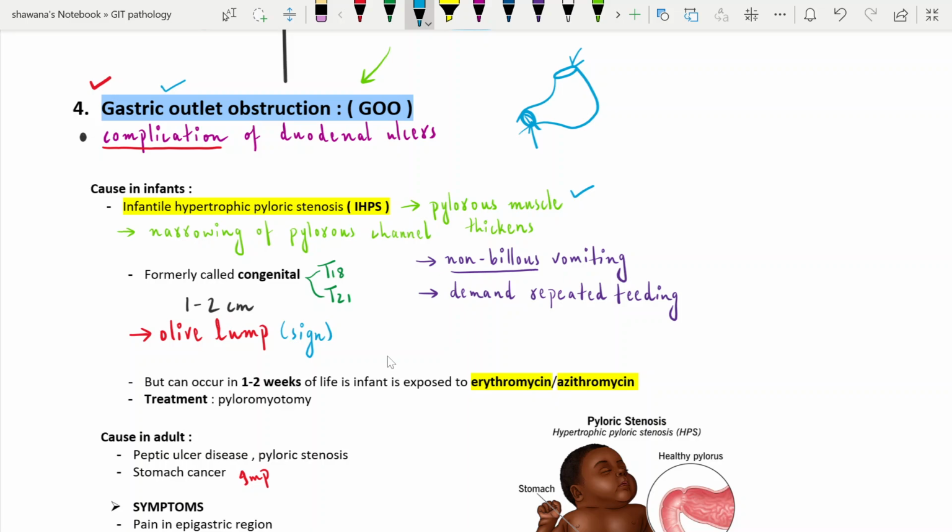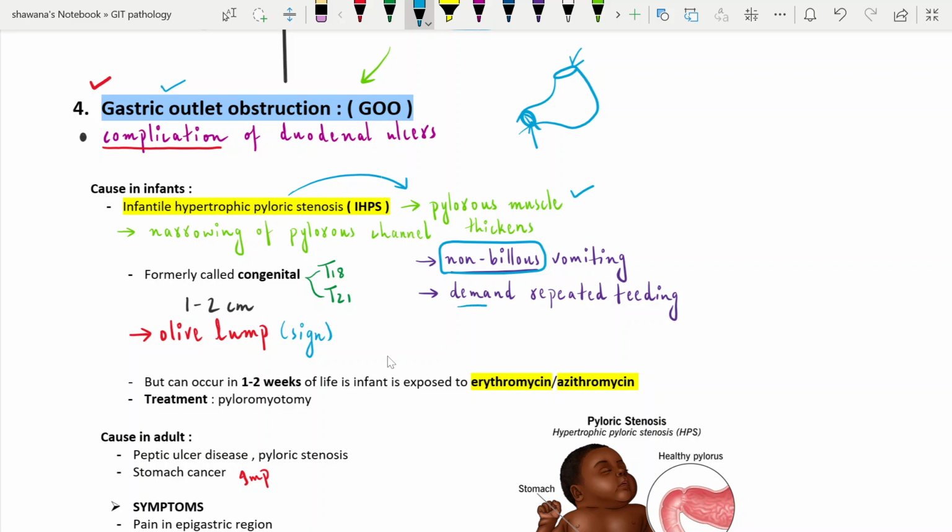The infantile hypertrophic pyloric stenosis is the pylorus muscle thickening, and it results in non-bilious vomiting, because bile is not part of this vomiting, as bile has not yet mixed with the stomach contents, right?